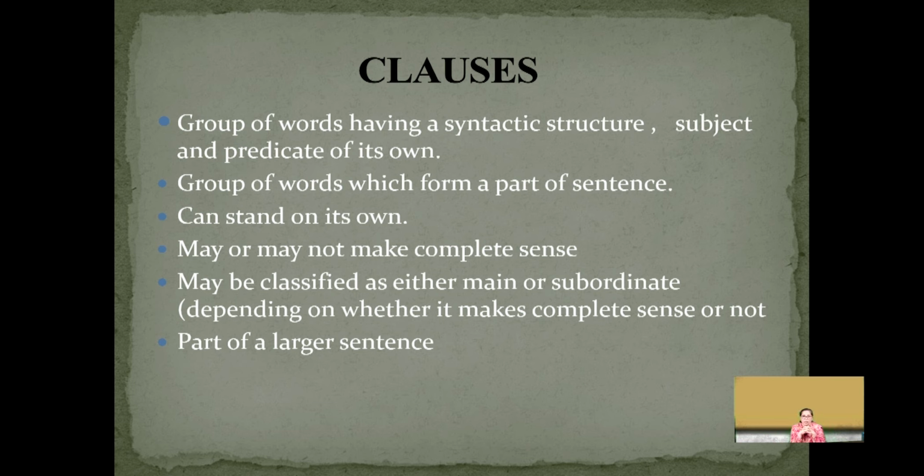In addition to the fact that this is a syntactic structure and it can stand on its own, you also need to know whether these groups of words are completing the sense or not. So many a times the group of words which are labeled as clauses might not be able to communicate complete sense to the reader.